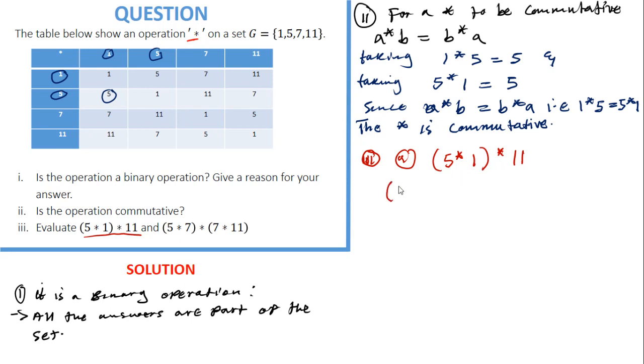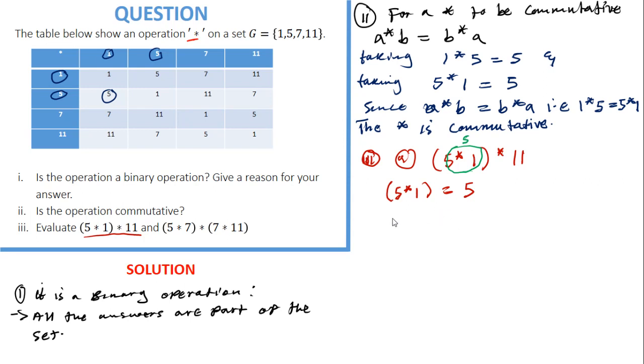So if we pick 5 star 1, we are going to go back to the table. So 5 star 1, it is what? It is 5. So you're going to write 5. So this 5 we have found for the bracket. We are going to utilize it, whereby we are going to star it with 11, because this whole part here has given us 5.